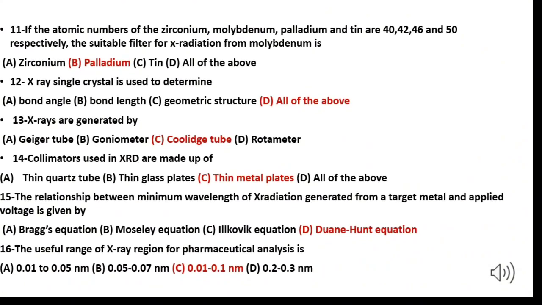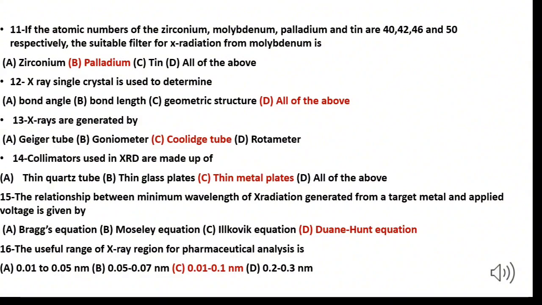The atomic numbers of zirconium, molybdenum, palladium and tungsten are 40, 42, 46 and 74 respectively. The suitable filter for X-ray radiation from molybdenum is, answer, palladium. Number 12. X-ray single crystal is used to determine, answer, all of the above. 13. X-rays are generated by the, answer, Coolidge tube.